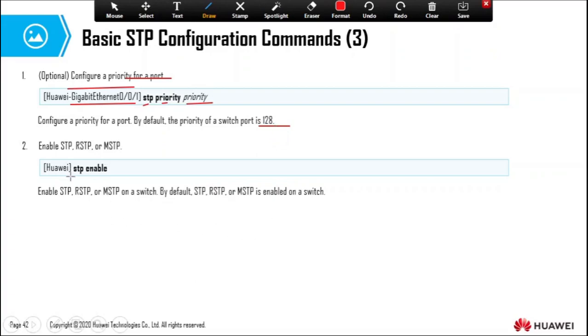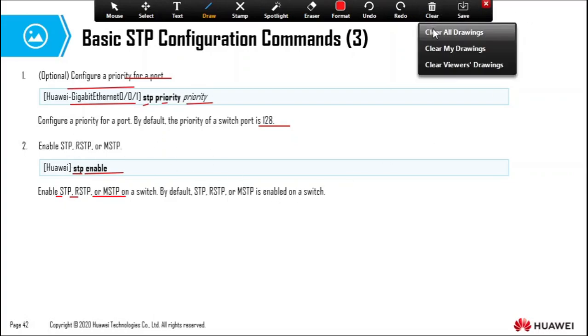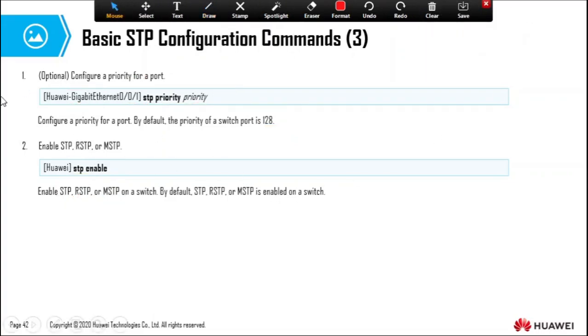Otherwise, you can use the command STP enable to enable STP, RSTP, or MSTP on the switch. But this is normally enabled by default. When you did the data capture in the previous lab, did you see STP packets on Wireshark?